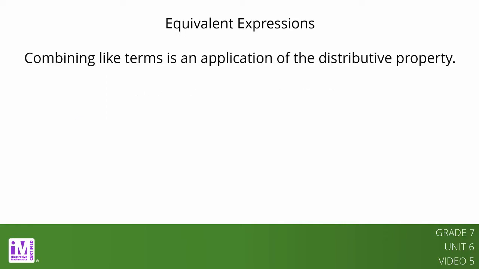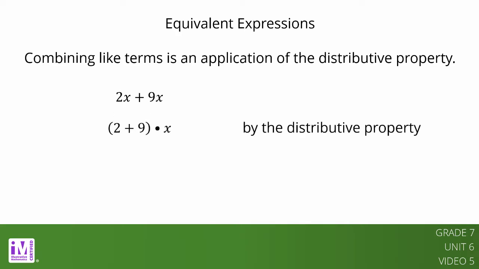Combining like terms is an application of the distributive property. For example, 2x plus 9x is equivalent to 11x because both terms have the common factor x. And then we can add the 2 plus 9.